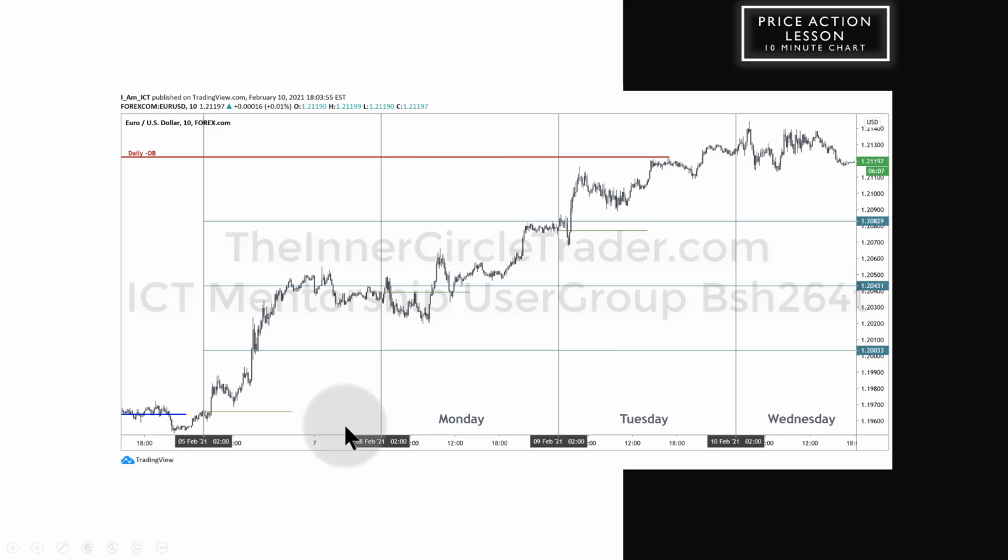So if you take a Fibonacci, lay it on this order block and drag it up to this order block, you'll get the 50 level right here. Then take another fib, lay it on this level up to the high of the bearish order block, and you'll get a 50 level right here. Then you're going to go back to this order block level and draw it up to the 50% level that you determined when you drew from here to here.